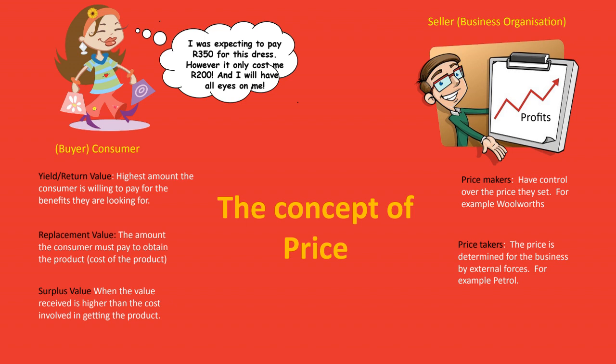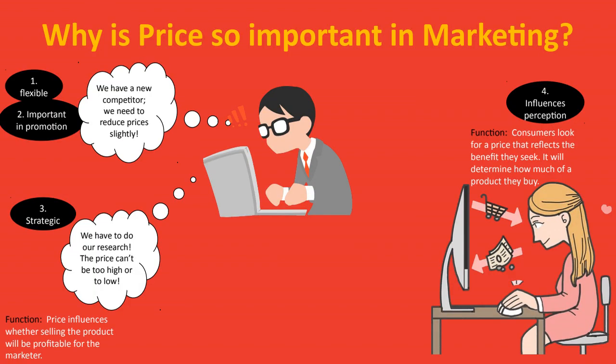In South Africa, an example would be petrol. The petrol is a given price, and then you get what is called the price maker, and these are companies and businesses that have complete control over price. But price is looked at from two different perspectives, one from the customer perspective and one from the business perspective.